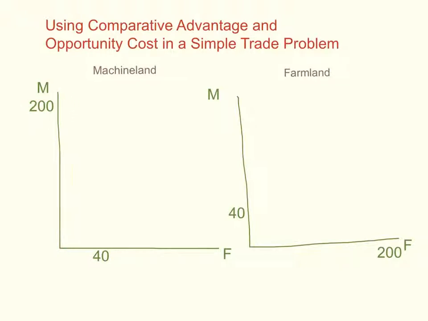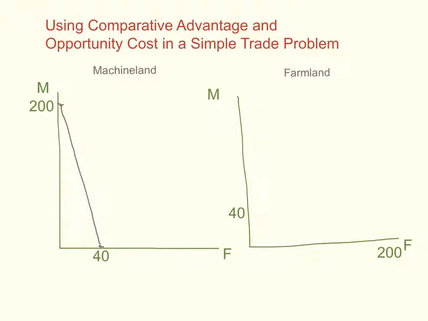If they produced nothing but food, they could produce 40 units and 0 machines. So therefore, our production possibilities frontier, and this is supposed to be a straight line and it won't be, is going to look something like that, okay? And intersecting the axis at 200 and at 40.